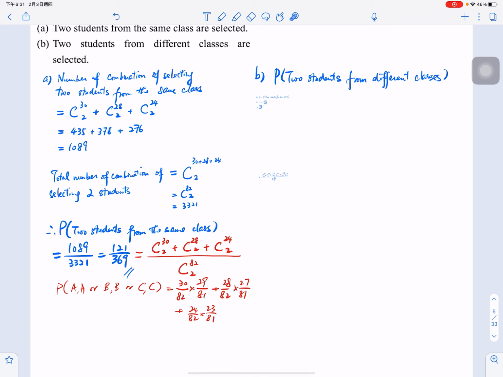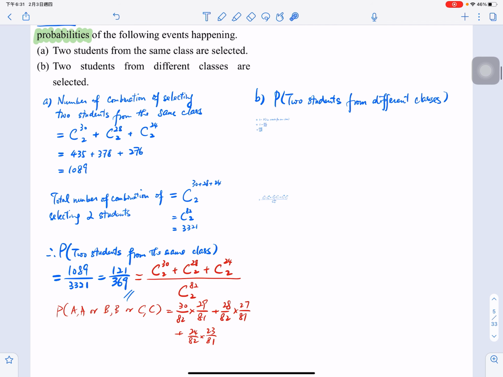How about class C? So 82, and then C is 24. After taking 1, 81 students are left, and then class C, you have 23. So you can use this and get the same result. But I prefer you use combinations to find the probability. Try to learn this one.